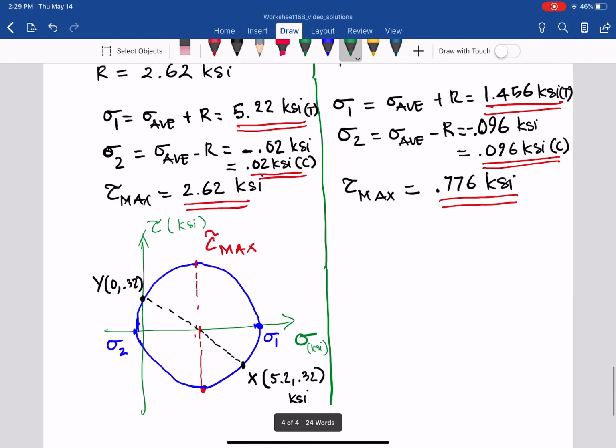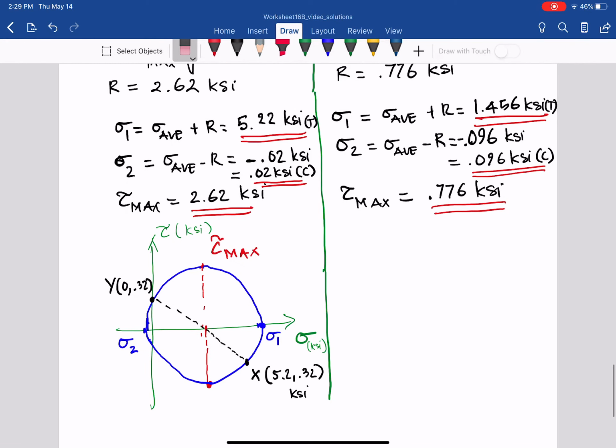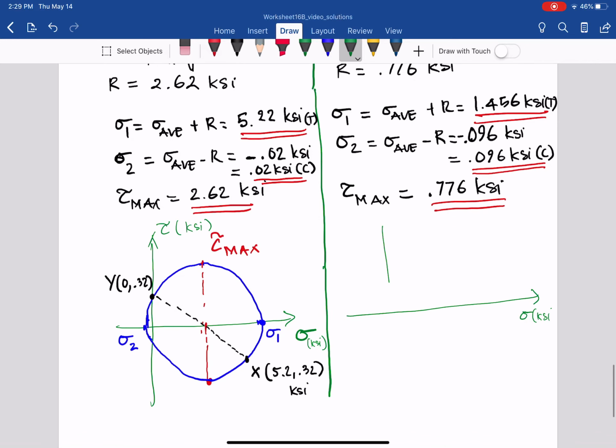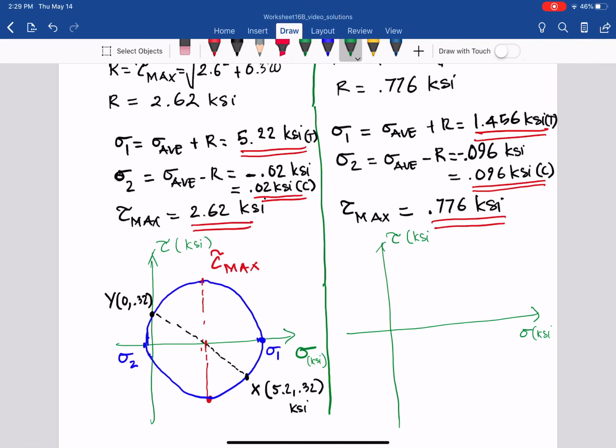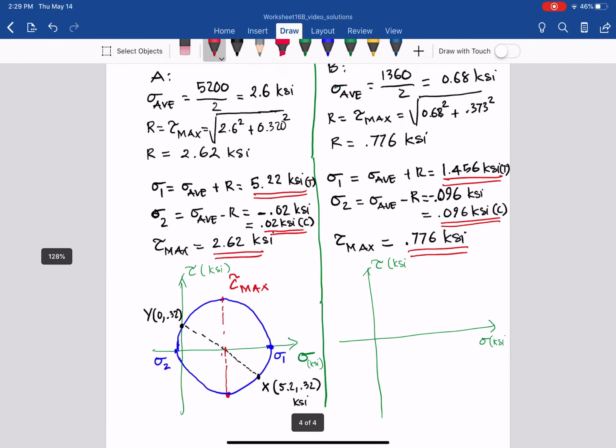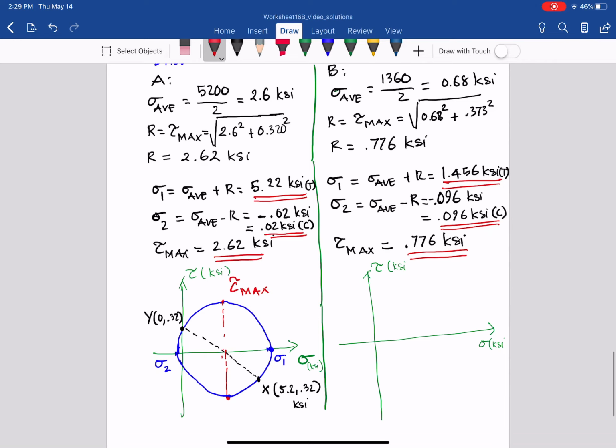Similarly, we can draw for point B. Sigma ksi and tau ksi, and we already have sigma 1, sigma 2. So the center, sigma average, equals 1.68 here.